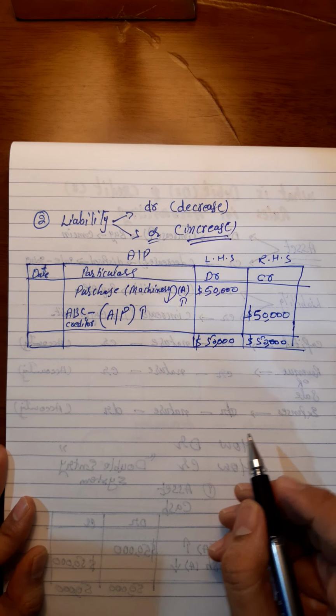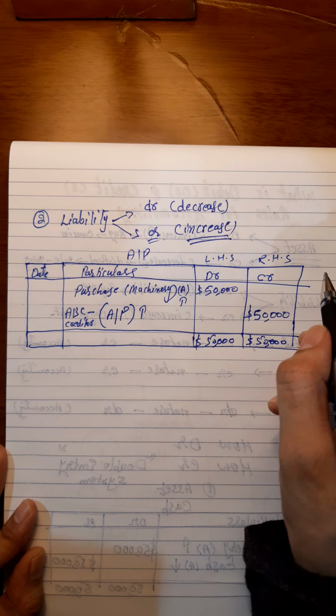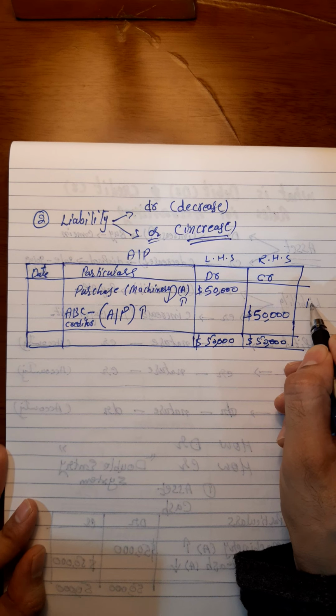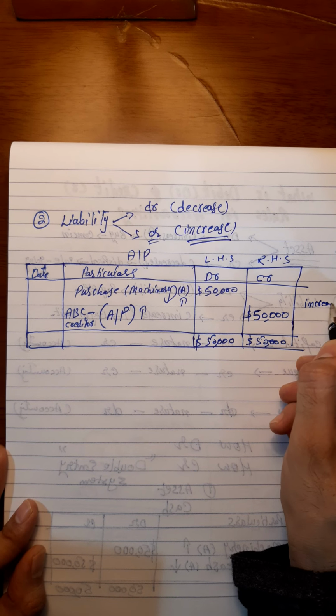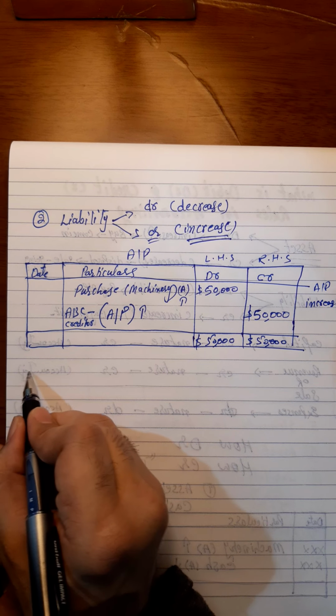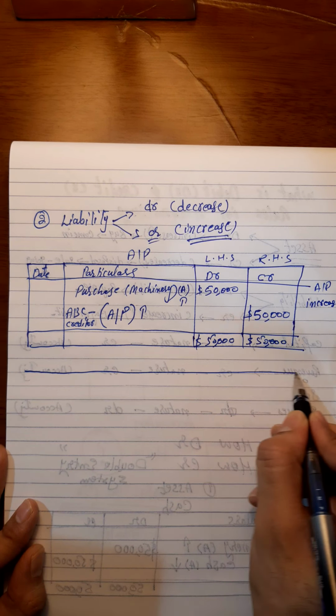This is an example of liability increase. Liability increase, account payable increase. Now I give you an example of liability decrease.